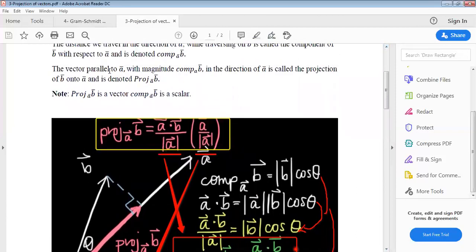The vector parallel to a bar with magnitude component of b bar on a bar in the direction of a bar is called the projection of b bar onto a bar, and is denoted as projection of b bar on a bar. So projection of b bar is a vector, component is scalar.